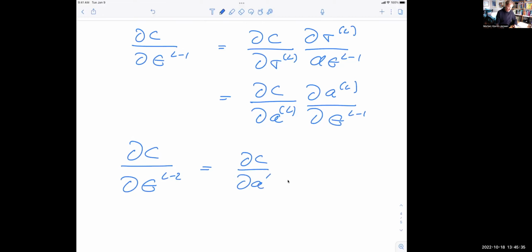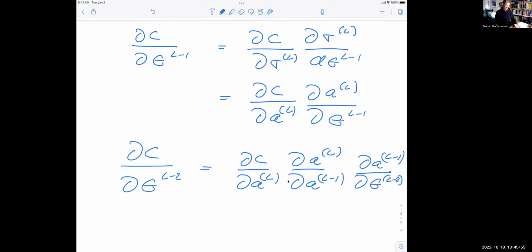So we would have a d of A of L, then a d of A of L minus 1, and then a d of A of L minus 1 with respect to the parameters in layer L minus 2. What you see now is that this specific term is the same as the term which we had here, and now you can see the general pattern, which would continue as we move on.